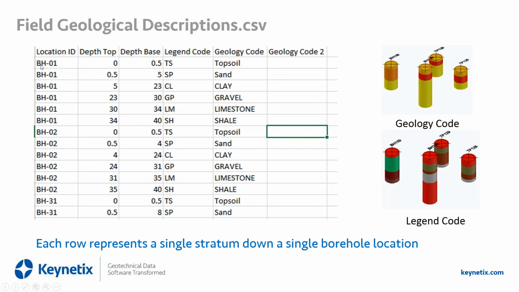So here we have, for boring 1, from depth 0 to 0.5, we're going to call it TS for legend code is topsoil. Consider your legend code your soil classification code, if you like, but we're going to give it a nice descriptive name in geology code of topsoil. We then go down to the next piece of geology material below it, which is 0.5 to 5, and we're calling that sand.